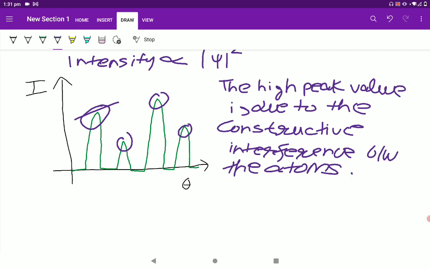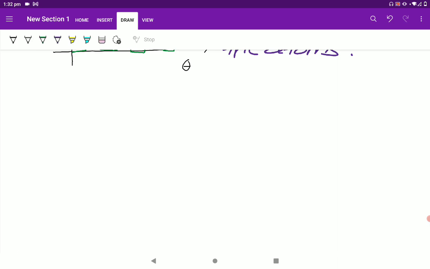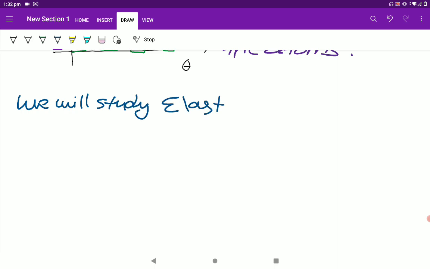Now let's discuss the four basic hypotheses which will be used to study this problem. The first hypothesis is that we will study elastic scattering, which means that after the interaction with the crystal, the X-rays have the same wavelength, or the electrons have the same energy.